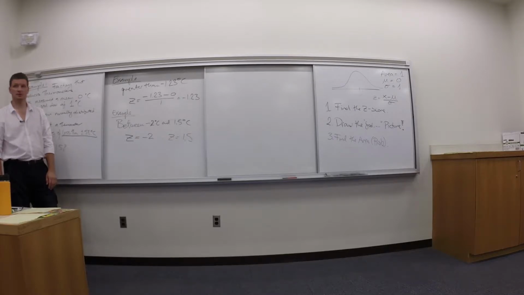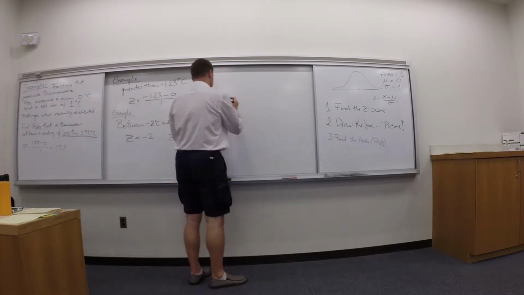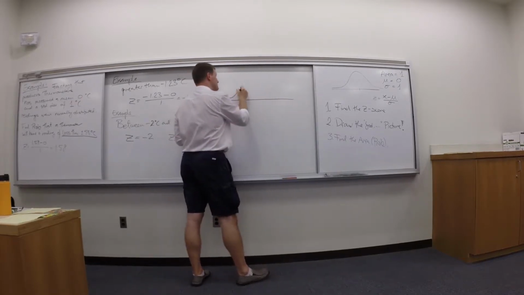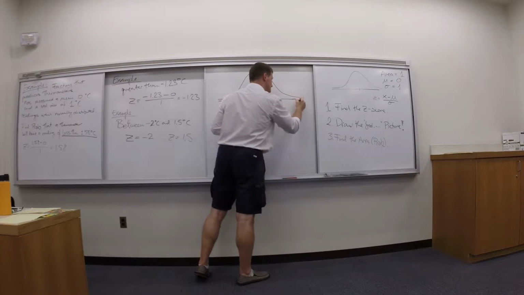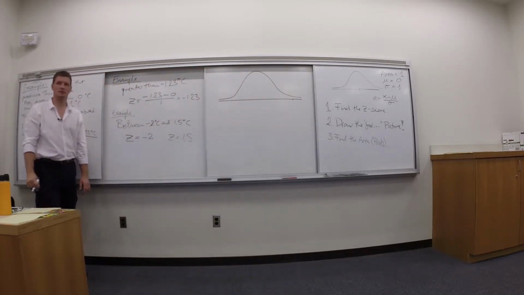So now we have the z-scores. What's next? Yes, thank you. A little more excitement though. It's the picture! Must have the pictures. Do you draw two separate? Now I'm drawing one.